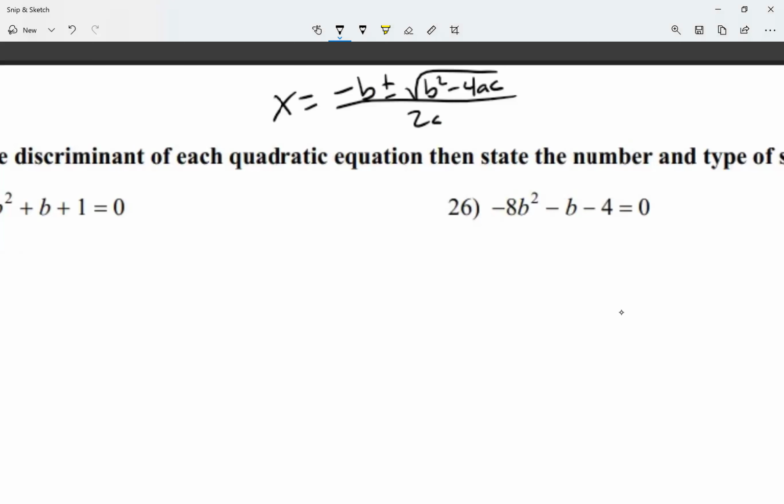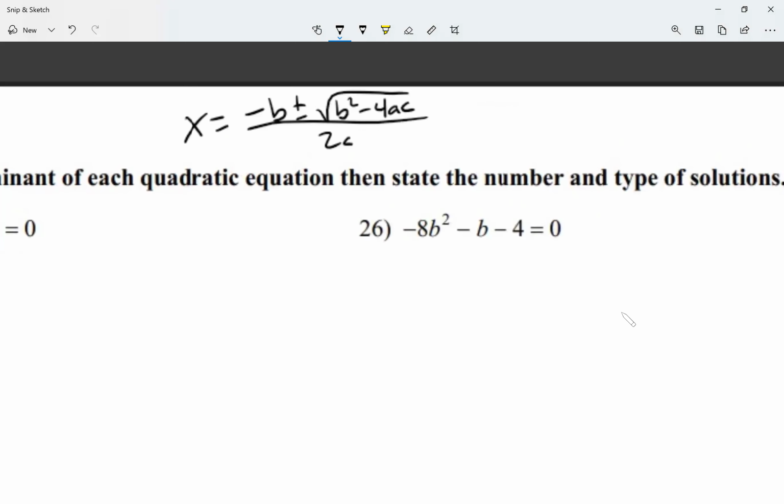And where do the letters a, b, and c come from? Well, given a trinomial, let's say something like 3x squared plus 4x minus 3, the number in front of the x squared is our a.